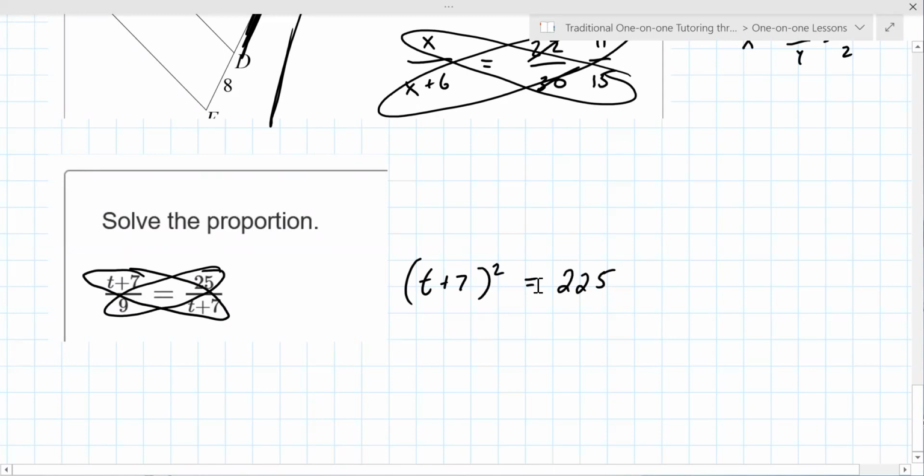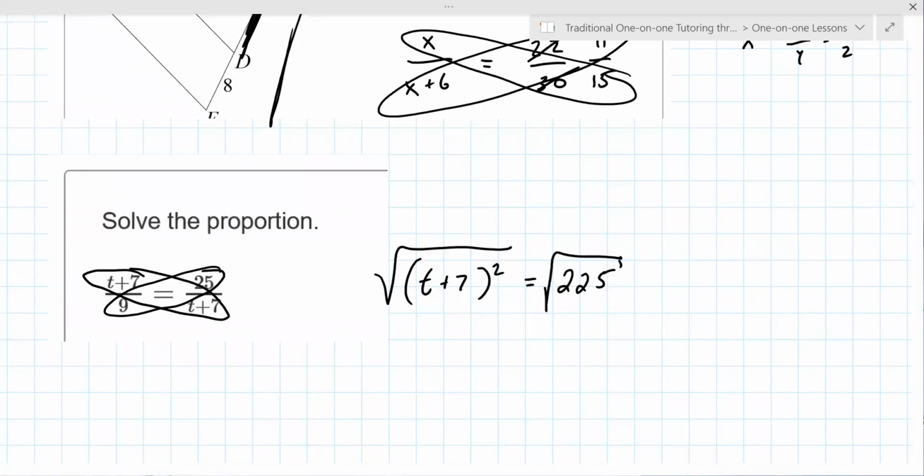Okay, so do you recall how to solve this equation from here? Do you remember how to undo the square? I would have to square it. Square root. Square root. Okay, and I think we looked at the squares and square roots reference sheet last time. The square root of 225 is 15. But there's actually plus or minus here. That's right.